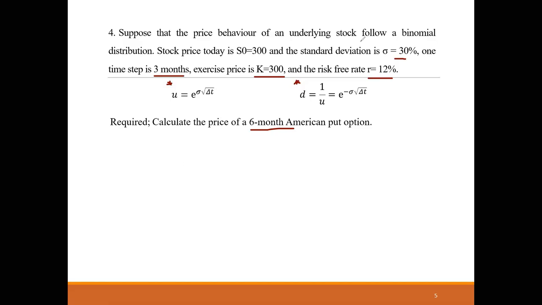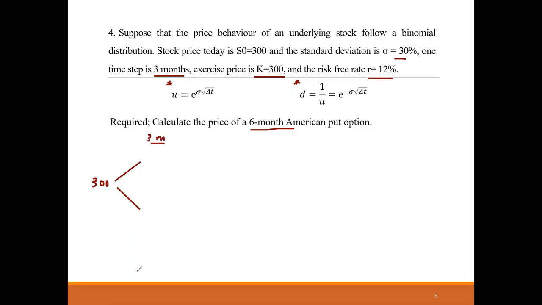So you start with 300. The price today is 300. To identify the prices at future points, this can go up or down in 3 months.